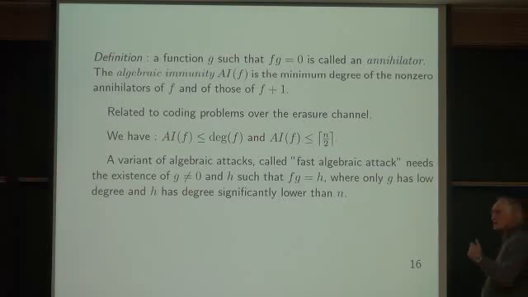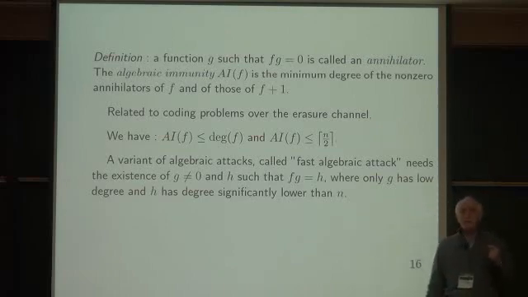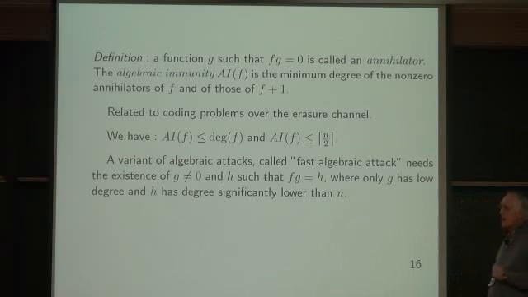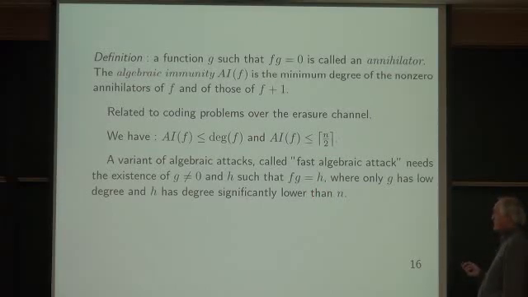While the degree is upper bounded by n, the algebraic immunity is upper bounded by half of it. And this allowed breaking many systems. After that, Courtois found a variant of the algebraic attack that he called fast algebraic attack, in which you don't necessarily need h to have low degree.